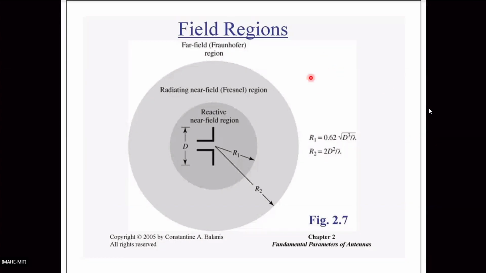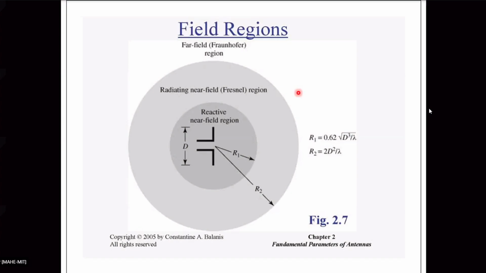The reactive near field is the portion of the near field region immediately surrounding the antenna where the reactive field predominates.